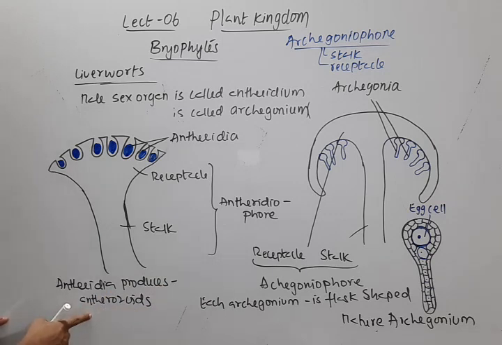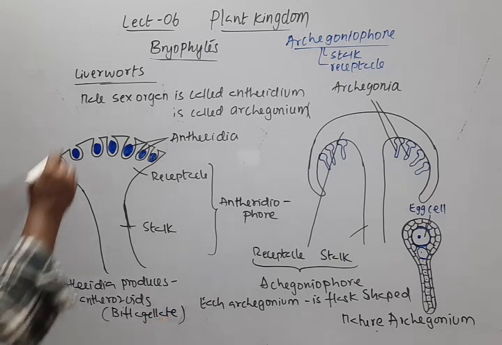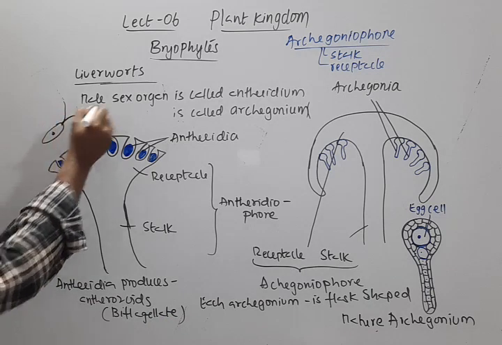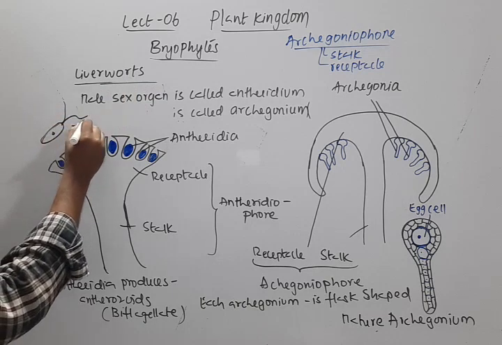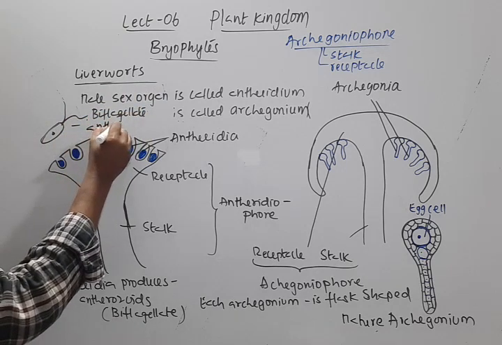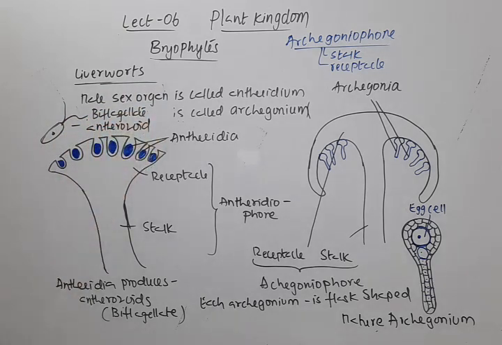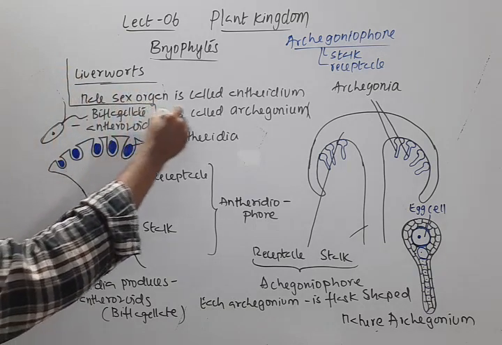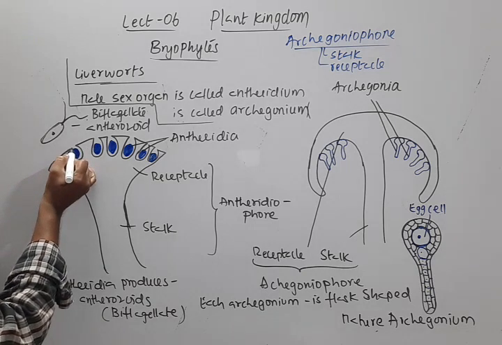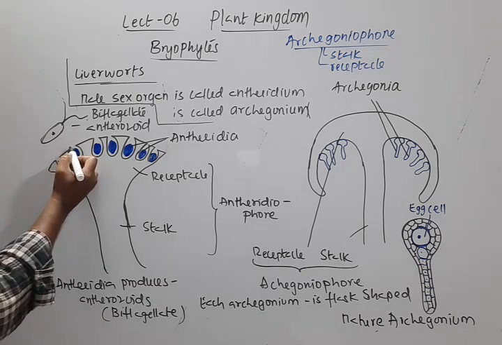These are the male gametes, and these antherozoids are biflagellate structures. The biflagellate antherozoid will look something like this. Biflagellate antherozoid. These biflagellate antherozoids will come out through a small opening present here.